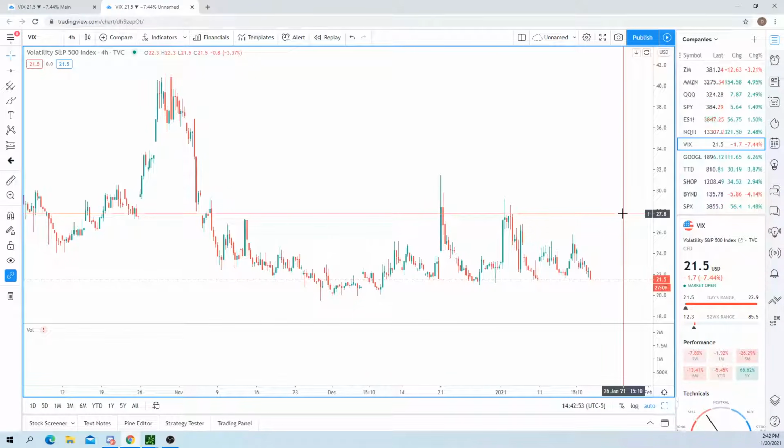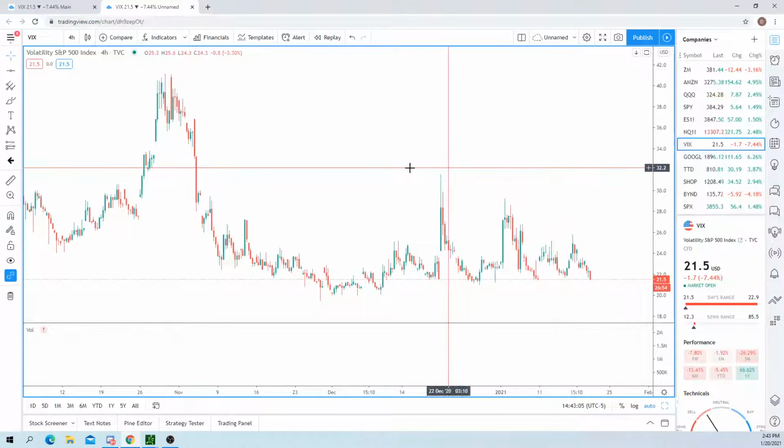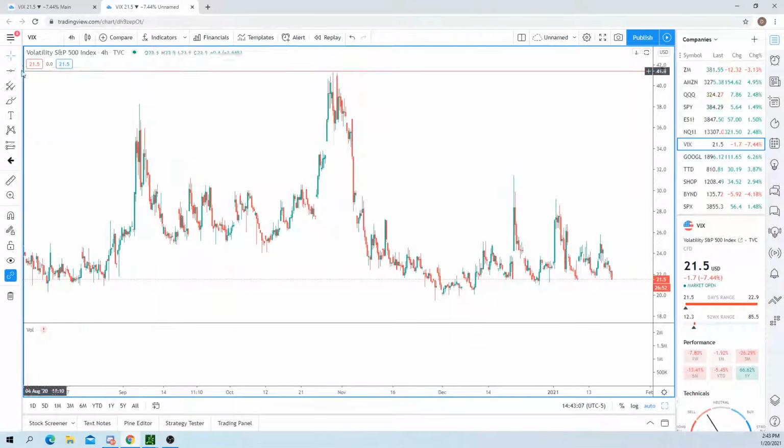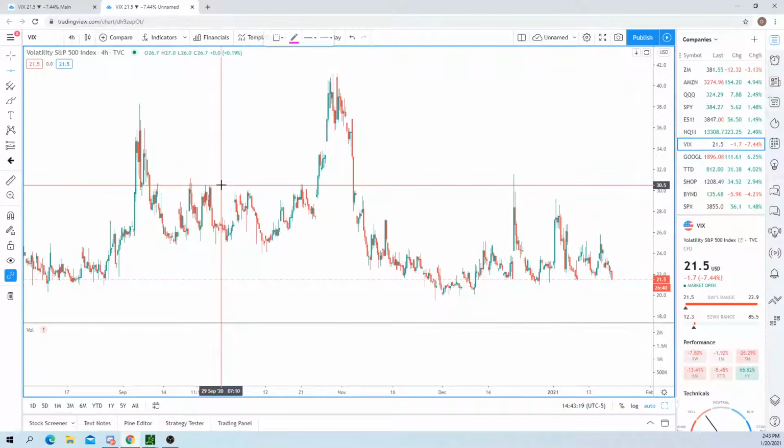So that being said, what I personally do is I look for areas of key support and resistance to gauge where the market is heading. For this example, I'm going to show you guys a key resistance level on the VIX and how I utilize this to somewhat speculate where the overall market was heading.